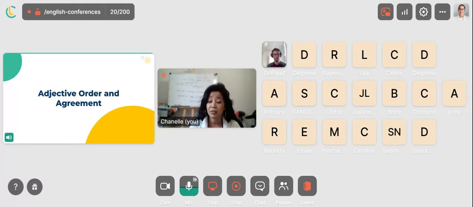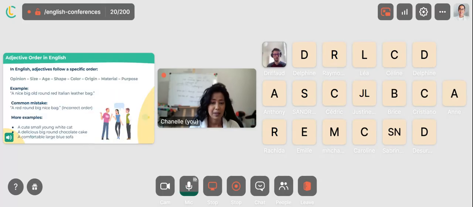Let's look at adjective order and agreement. In English, adjectives follow a specific order. You get opinion, size, then age, shape, color, origin, material, and purpose.